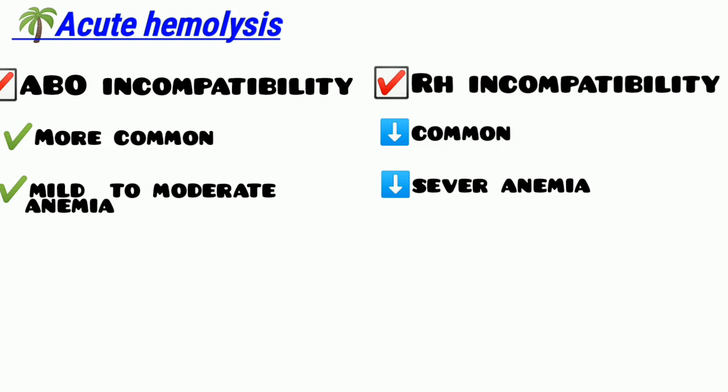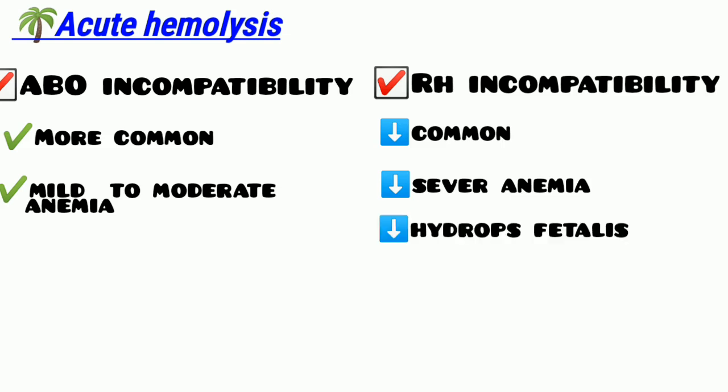This sensitized mother now has Rh antibodies. If she becomes pregnant a second time with an Rh positive fetus, these antibodies will attack the Rh antigen of the newborn, causing severe hemolysis, edema, pallor, and hepatosplenomegaly, and all this is called hydrops fetalis.